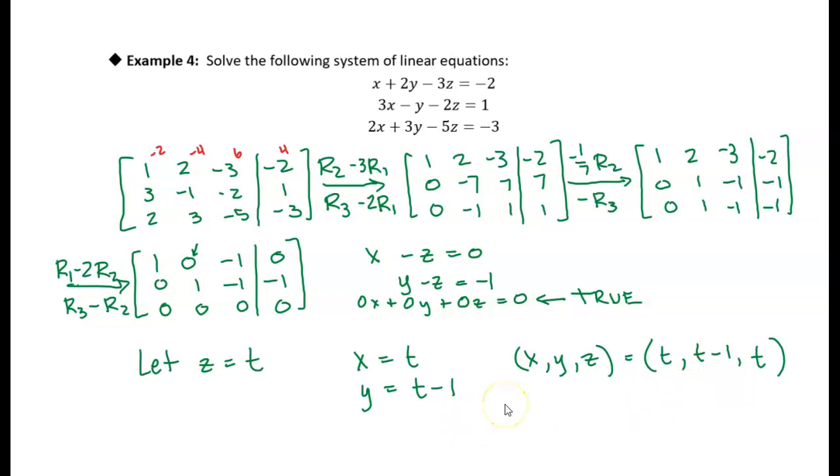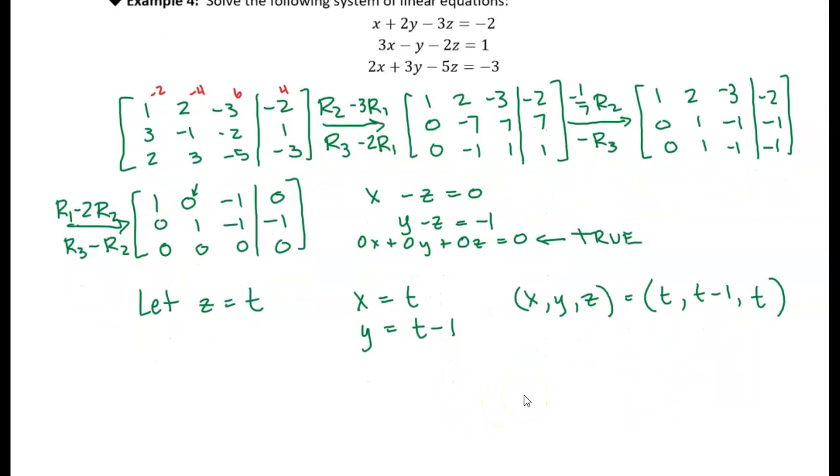Now we could choose a different parameter. I'm just going to do an alternate solution just to show you that there's more than one parameterization for the same system. We could let y equal t. Then if we plug in y is t, using the second equation, z is equal to y plus 1, which is t plus 1.